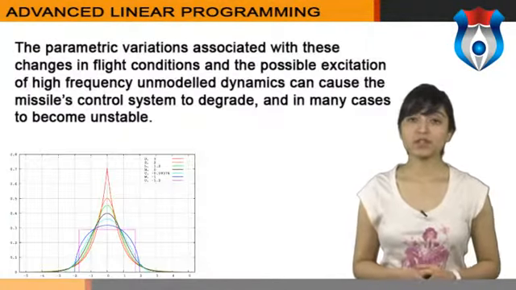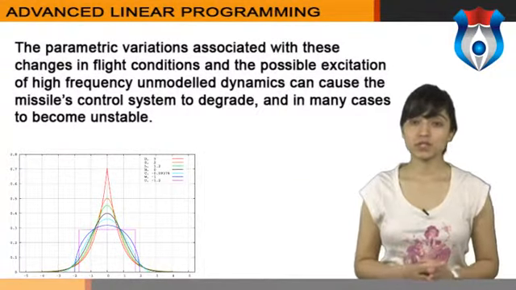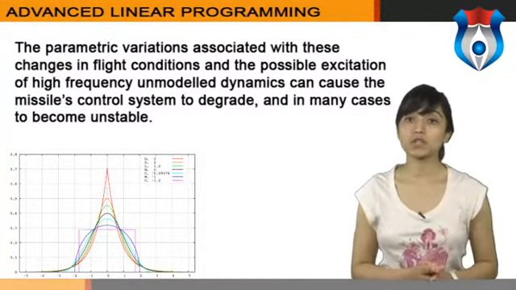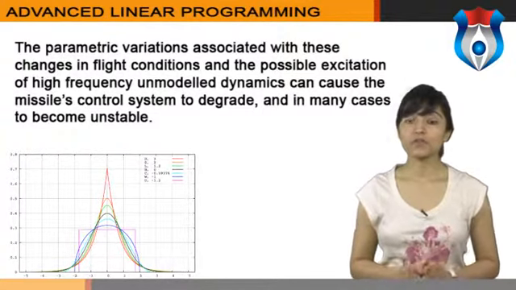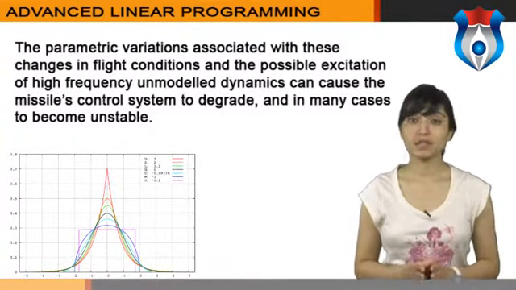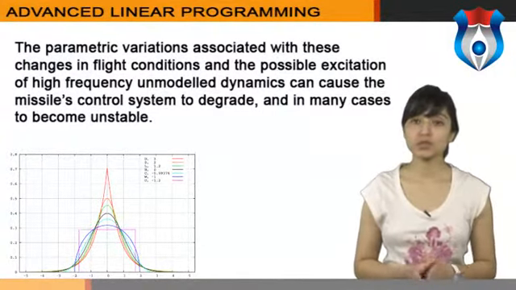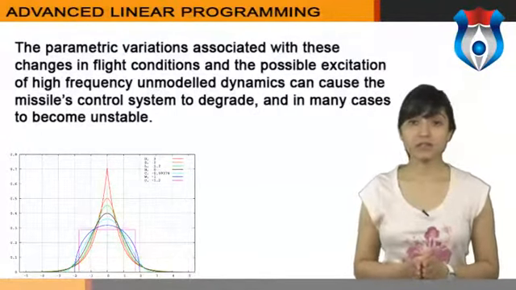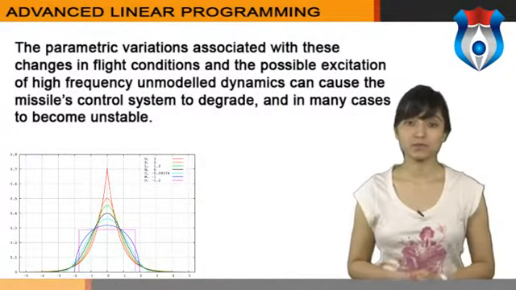The parametric variations associated with these changes in flight conditions and the possible excitation of high-frequency unmodeled dynamics can cause the missile's control system to degrade and in many cases to become unstable.